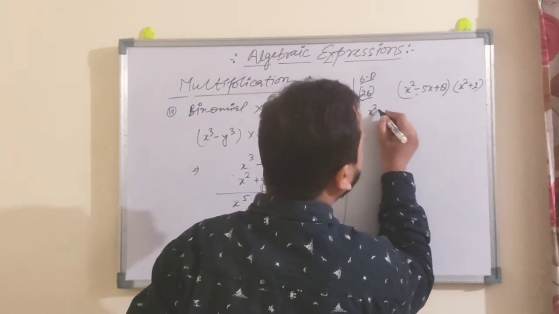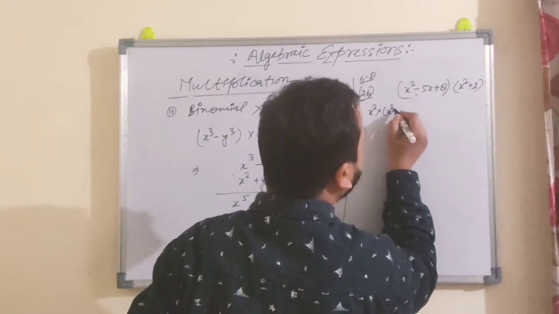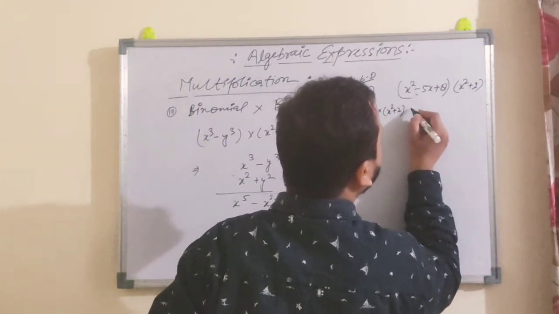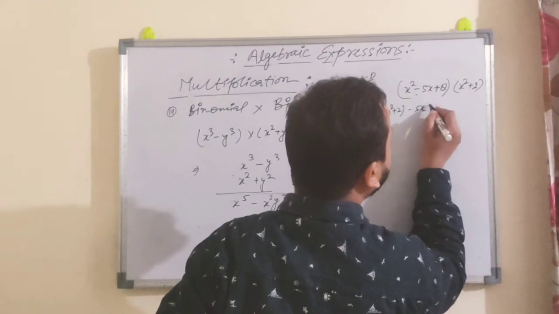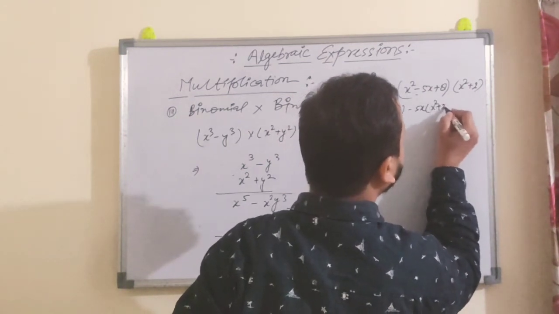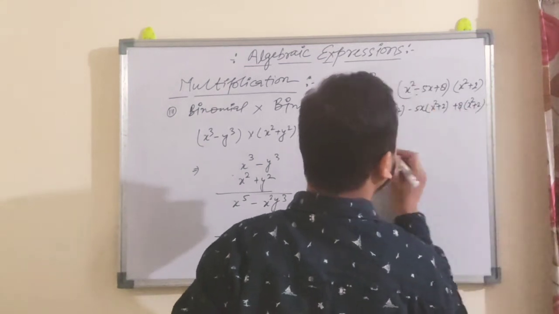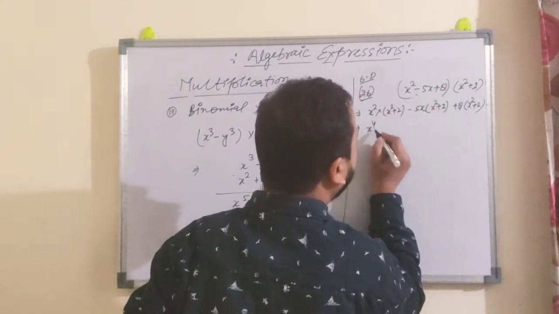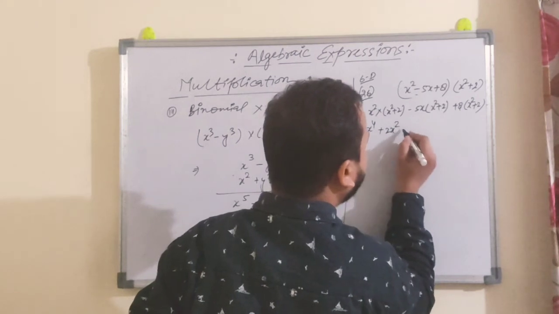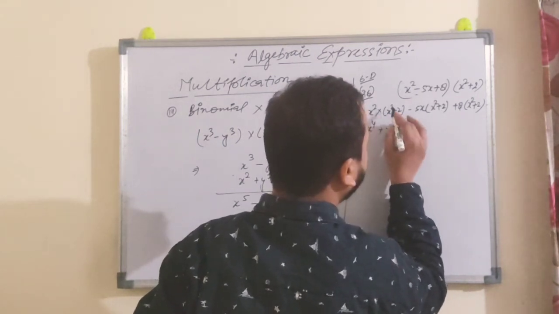So x square into x square plus 2, minus 5x into x square plus 2, plus 8 into x square plus 2. Then x power 4 plus 2x square, right? x power 2 plus 2, 4.